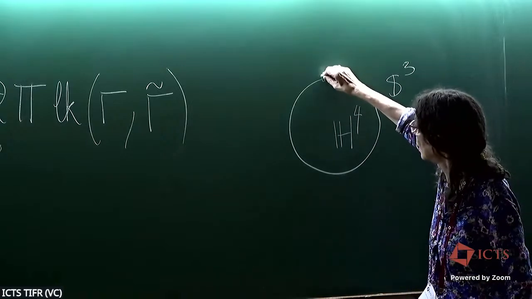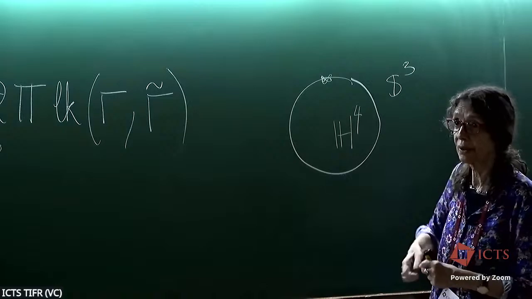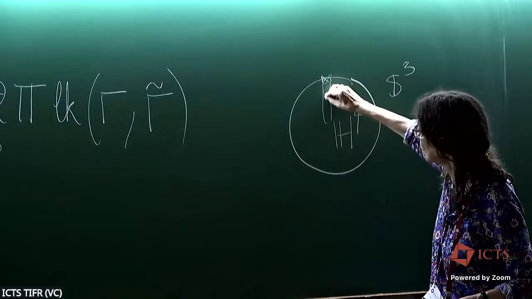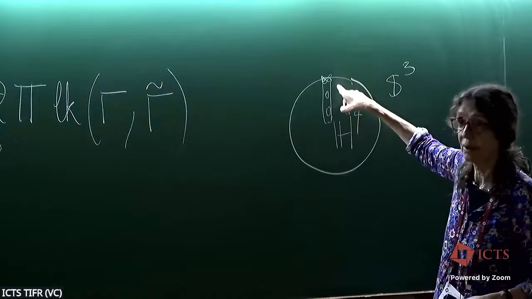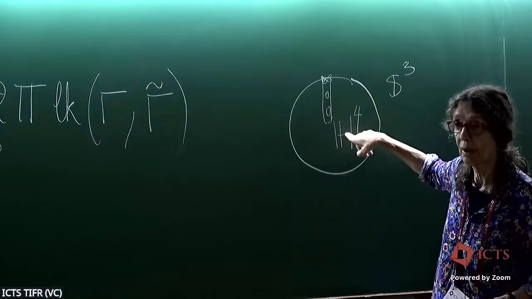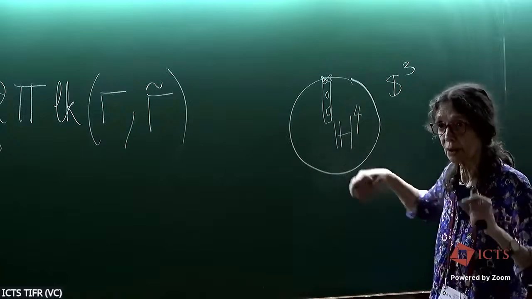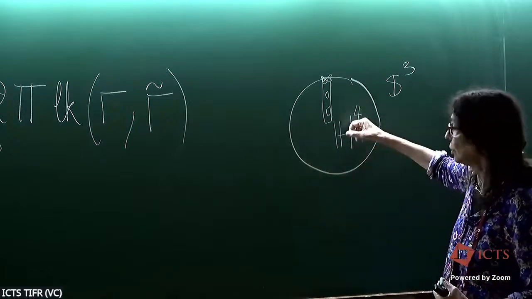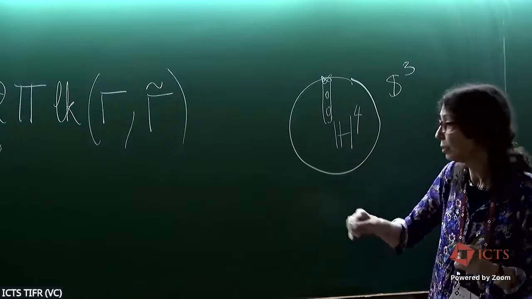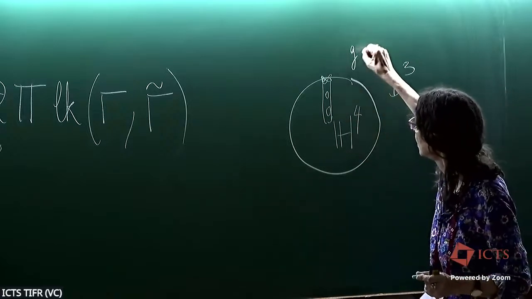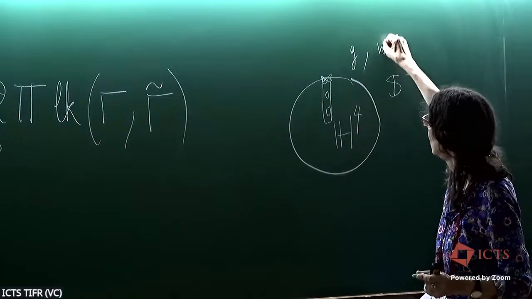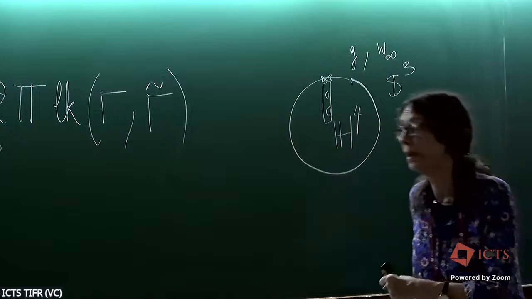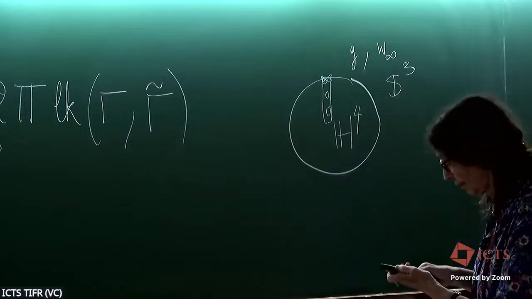So he's taking a knot in S3, and he's counting the minimal surfaces bounded by this knot inside H4. And he did this for disks, and now he wants to do it for more surfaces. So he wants to have an invariant where he fixes the genus, and also the writhe at infinity, which he gives a different name, but it's the same notion.